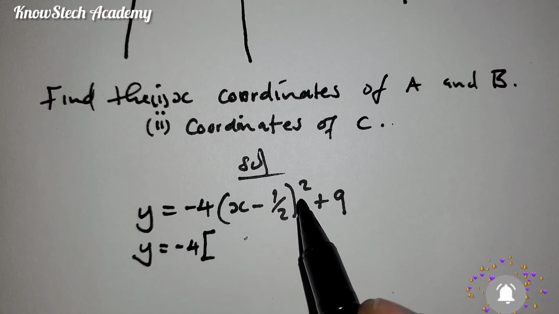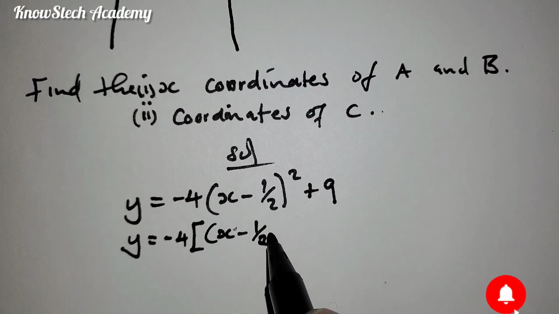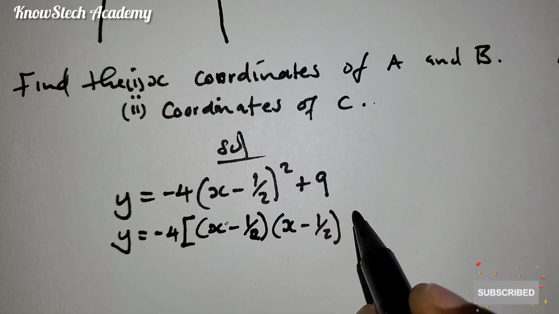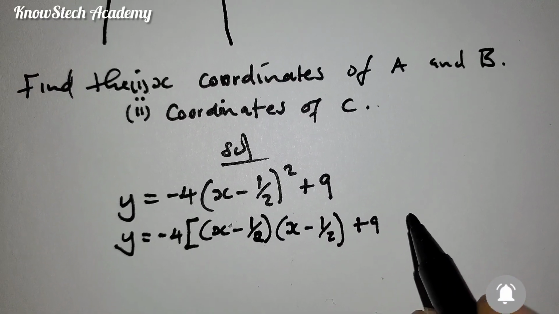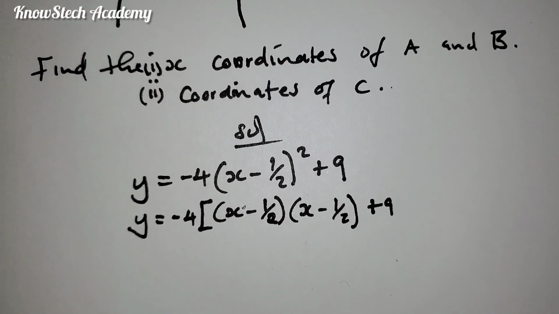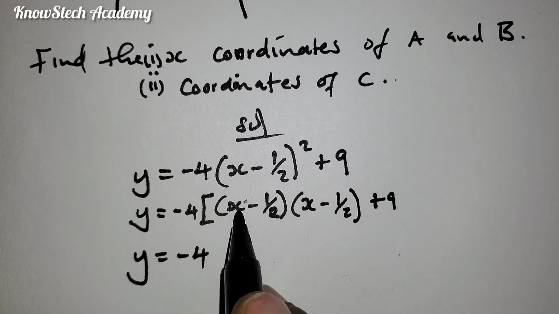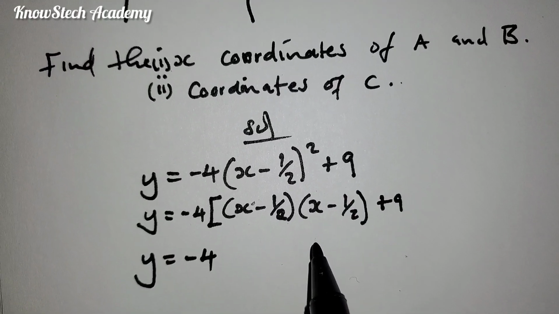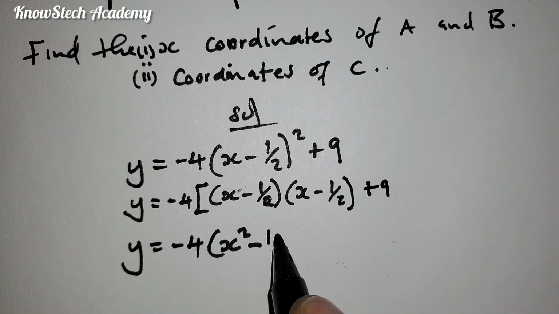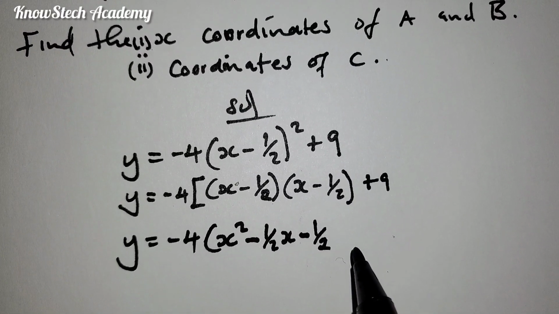For this to be squared, it means that you have x minus half times x minus half, plus 9. So when you multiply, you have -4. x times x, we're going to have x squared. x times half, we're going to have half x. Half times x, we're going to have -half x.